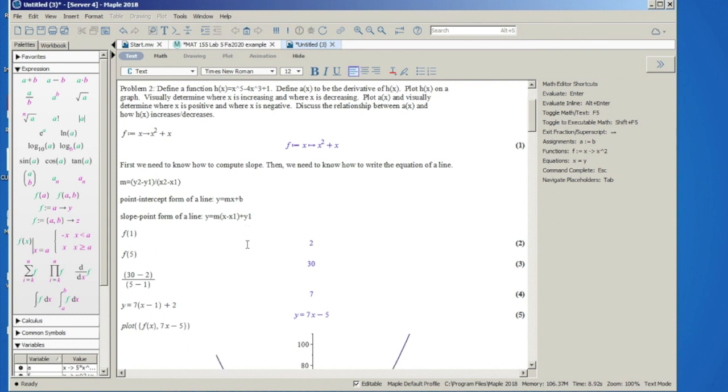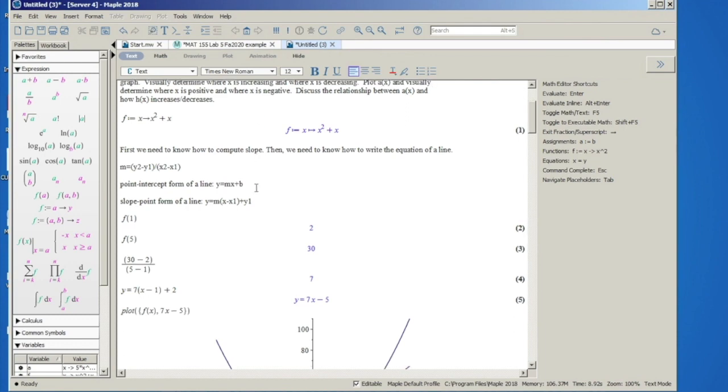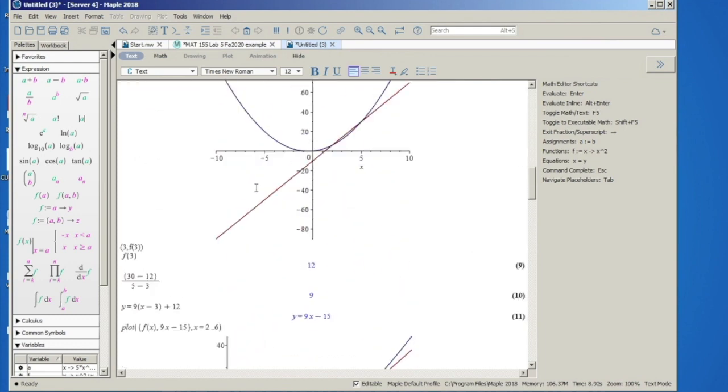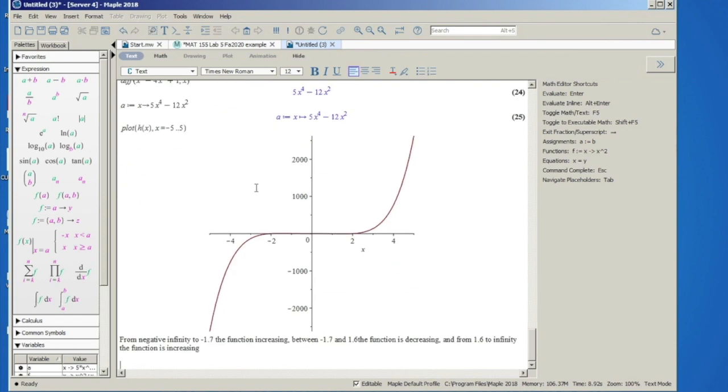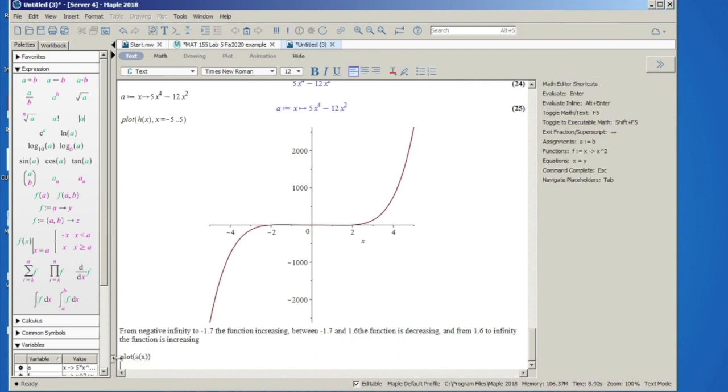Now, let's talk about the derivative. So we're going to plot a of x, and make sure again that you're in math mode. So plot a of x.